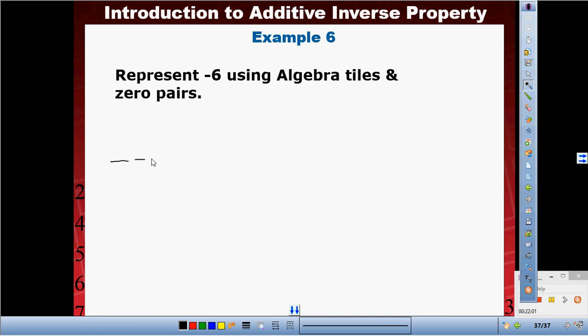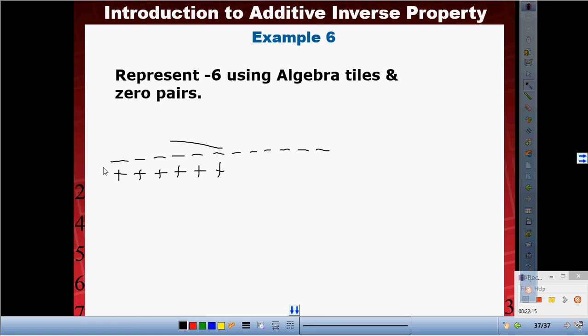Negative 12. 1, 2, 3, 4, 5, 6, 7, 8, 9, 12. 1, 2, 3, 4, 5, 6. See, 2, 4, 6, 8, 10. Oh, I'm missing 2. Okay, there it is. So this is a 0 pair, and we're left with negative 6. Does everybody agree with that? Yeah, pass it to someone.